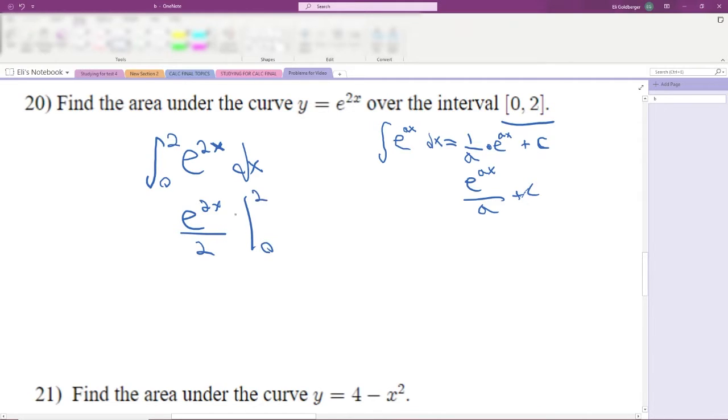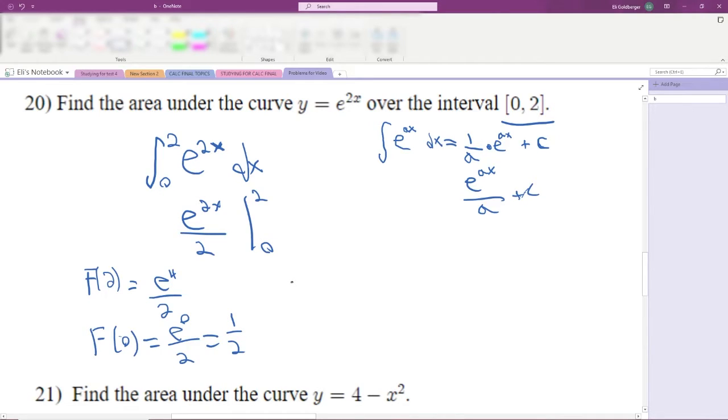Okay, so from 0 to 2, we'll use the fundamental theorem of calculus again. F of 2 equals e to the 4, because the 2's multiply, over 2, and then our f of 0 equals e to the 2 times 0, which is e to the 0, which is going to be 1, but I'll write that.